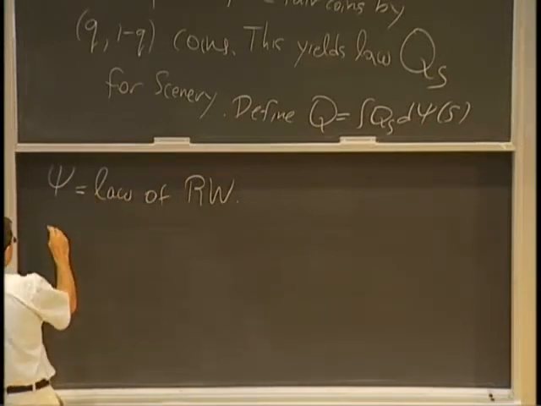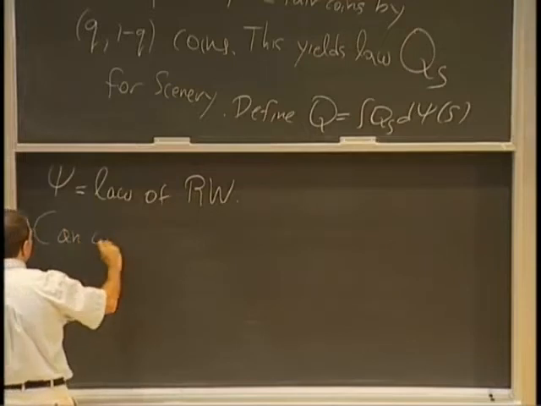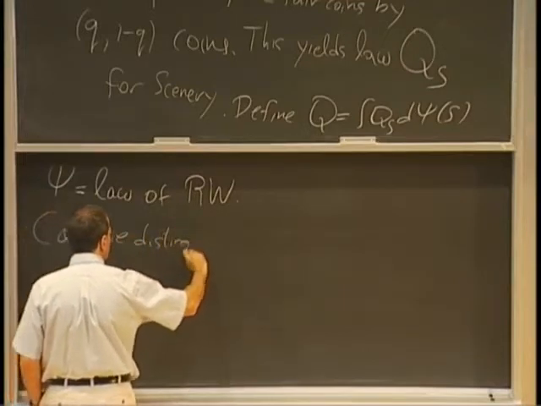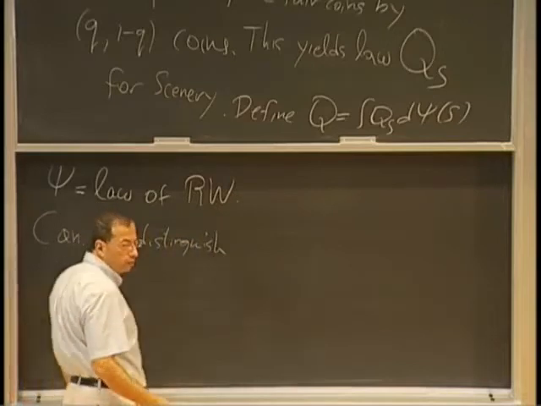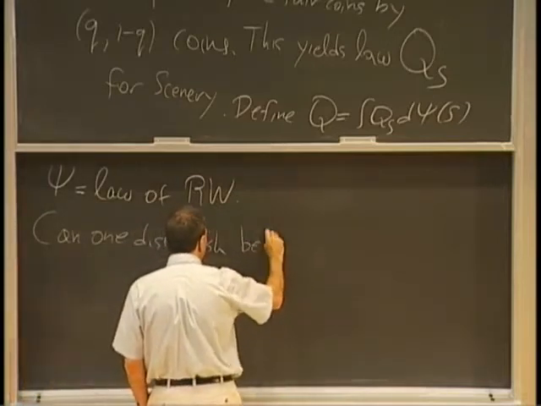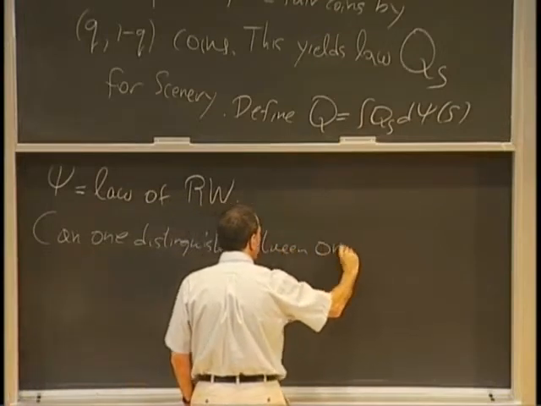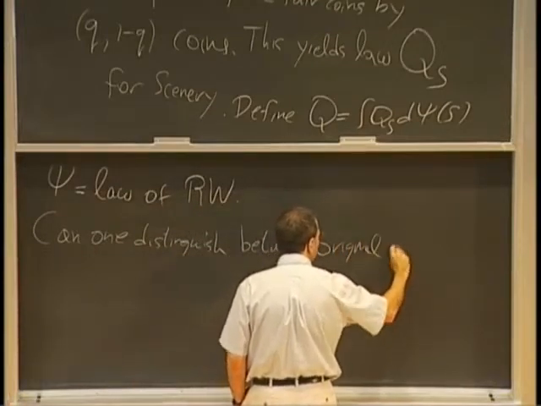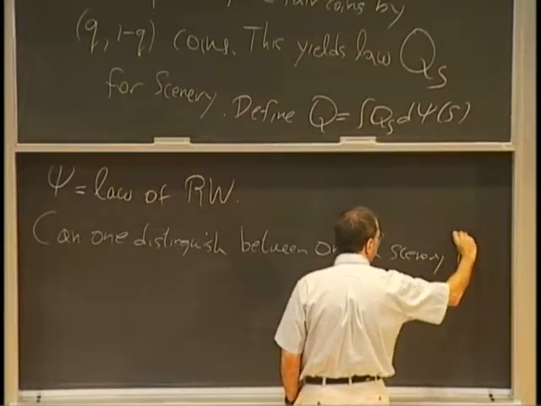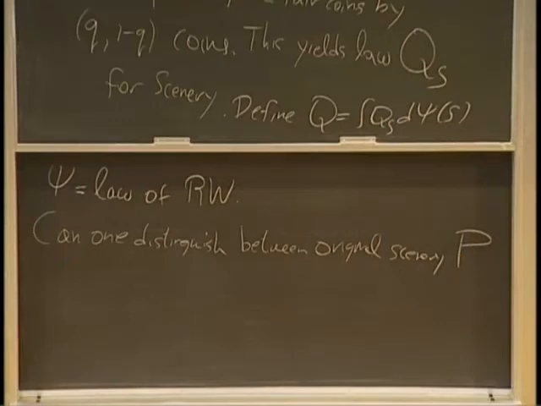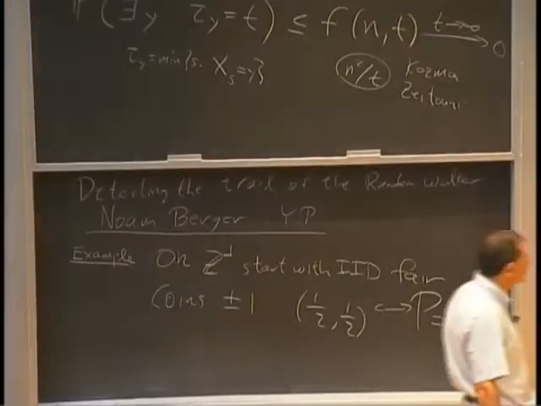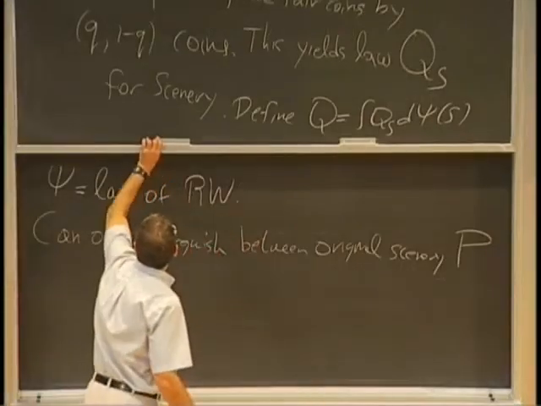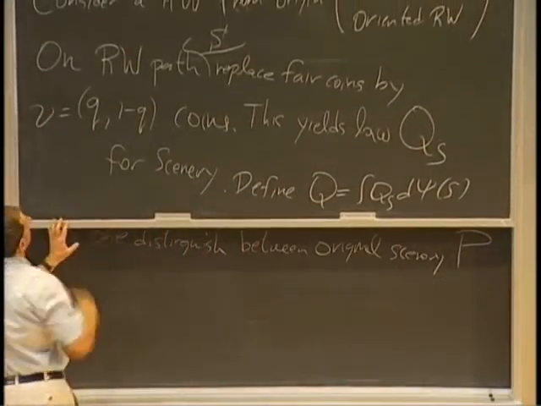And then the question is, for which dimensions can one distinguish between the original scenery, which I'll call P, and Q. So P is mu to the Z^d, where mu was this measure, and let's call nu this coin.